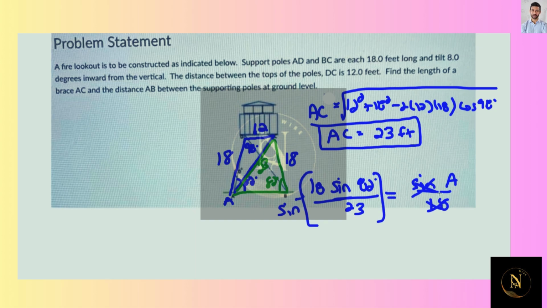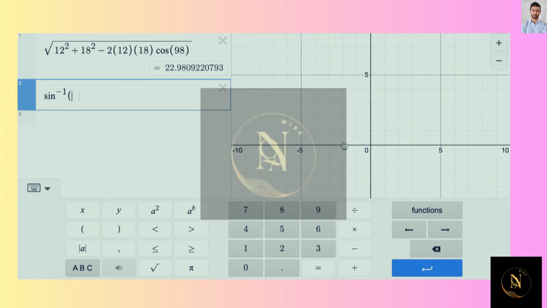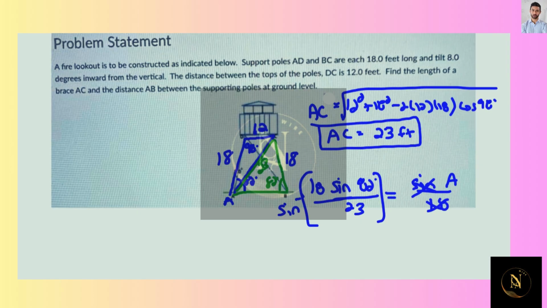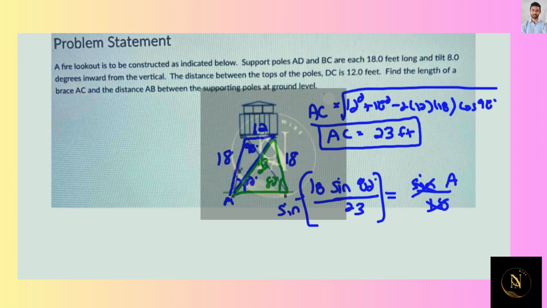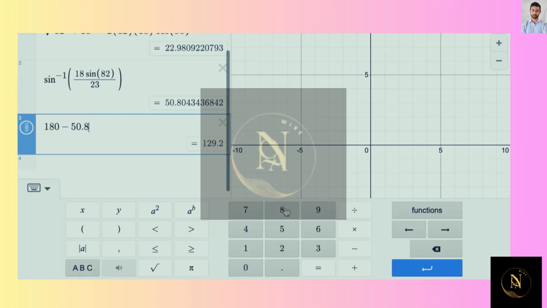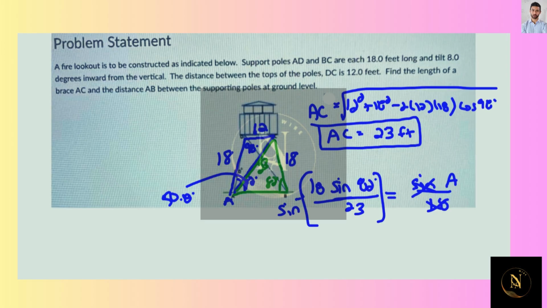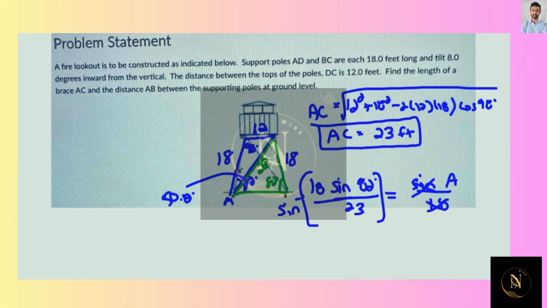So the inverse sine of 18 sine 82 over 23 gives us about 50.8 degrees. And then we subtract from 180 the 50.8 we just found and the 82 that we knew. We're left with 47.2 at the top.